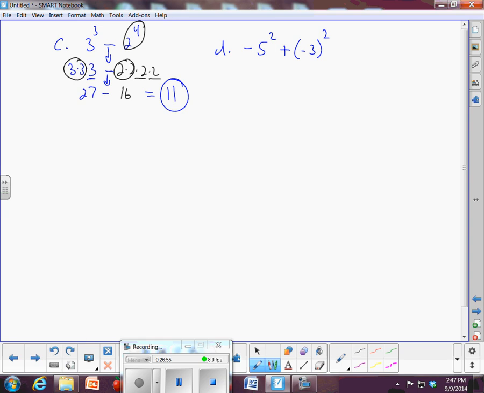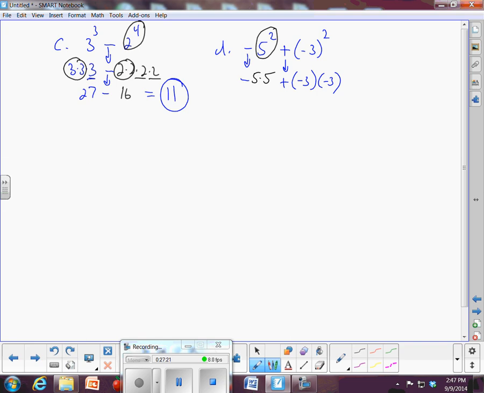Okay, let's expand it. We still have our negative sign, it's sitting there. Now I'm going to do this 5 squared, 5 times 5, right? Keep rolling along. I've got this plus sign, and let me expand the negative 3. Negative 3 times negative 3.